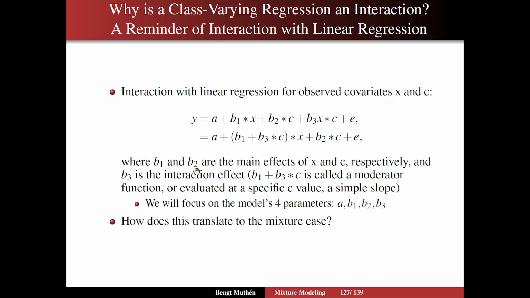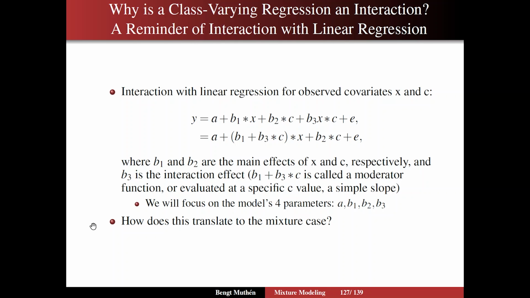So B1 and B2 are the main effects of x and c respectively, and B3 is the interaction effect, where B1 plus B3 times c is called a moderator function. C moderates the impact of x on y. And if you evaluate that at a specific c value, we call that a simple slope. So we'll focus on the four parameters of the model: A, B1, B2, and B3.